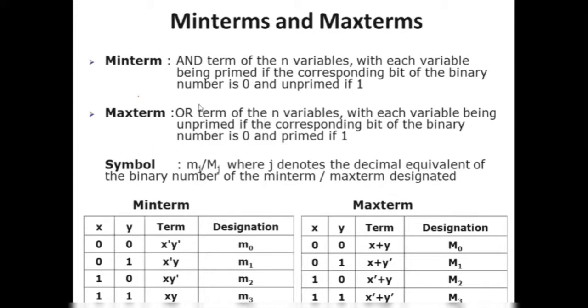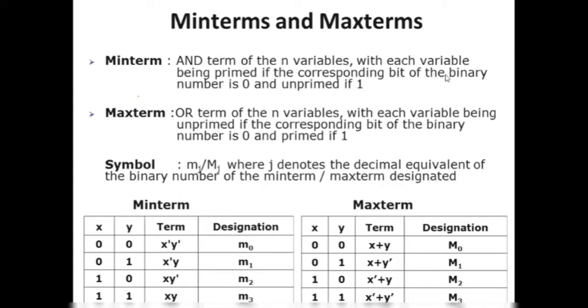A min term is defined as the AND of n variables, with each variable being primed if the corresponding bit of the binary number is 0 and unprimed if it's 1. As an example, the min term of x and y with the values 0 and 0 is x'y'. A min term is an AND term. You can see we have the AND of x and y.